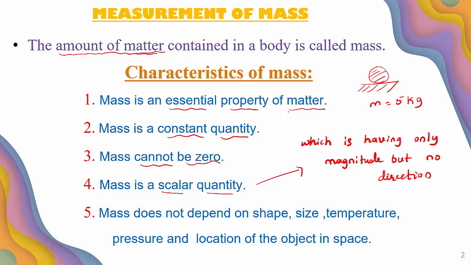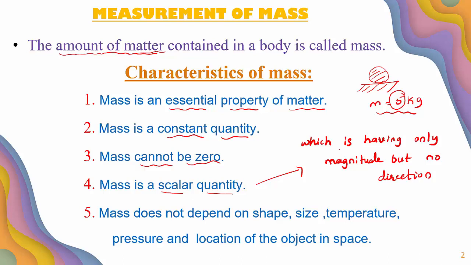Likewise, mass is a scalar quantity because the object may be on the earth surface or in the space or at the top of the building, wherever, but mass is always constant and we are going to express mass only in terms of numbers. For example, mass equal to 5 kg. 5 is what? Magnitude, number or numerical value. Mass is expressed only in terms of numbers.